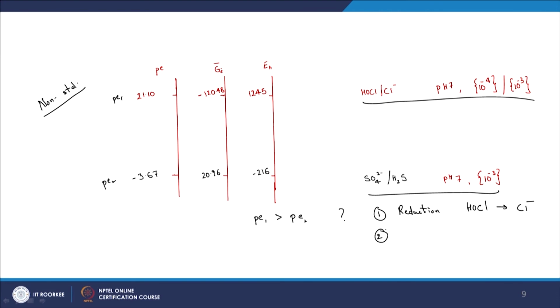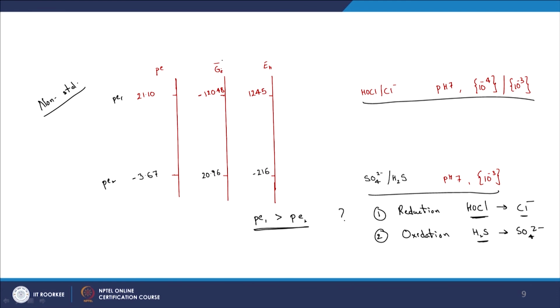That will be taking place because H2S will be oxidized. The second half reaction will go through as oxidation, with H2S oxidized to SO4 2 minus. In the process, H2S will release electrons which will be accepted by HOCl, which is then reduced to Cl minus. So that is from the pE1 and pE2 approach.